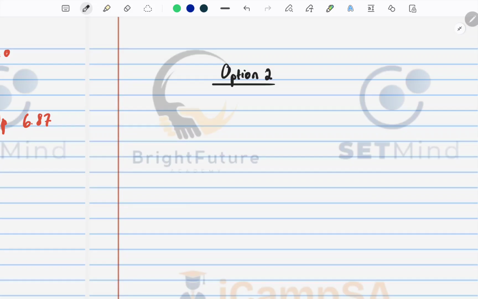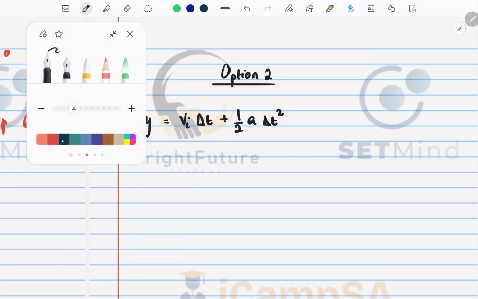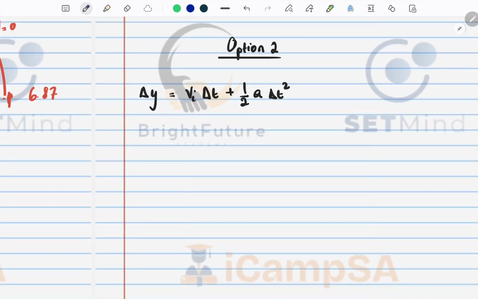For option 2 here, you can use your famous formula that most people like: VI delta T plus 1 over 2 A delta T squared. It's your easiest way out, but for your own understanding, that's why I'm doing both of them.